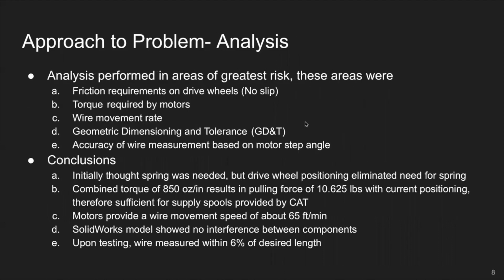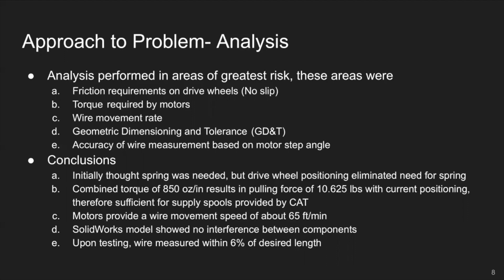So this is a summary of the analysis that we had to perform, and the greatest risk areas were friction requirements on the drive wheels, torque requirements on the motors, the wire movement rate, tolerancing issues, and then accuracy of wire measurement based on the motor step angle. And in conclusion, a spring was not needed. That friction requirement was already there based on the motor positioning.